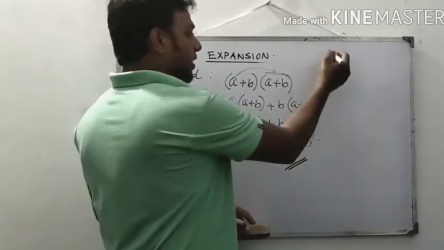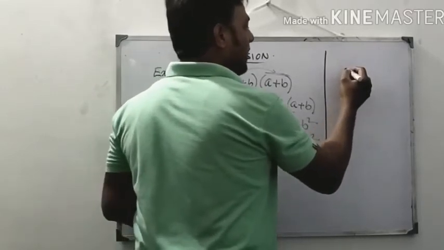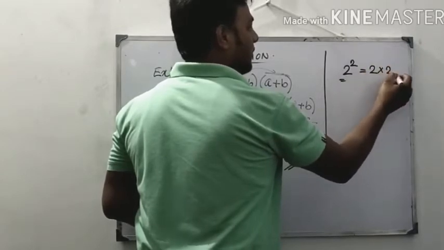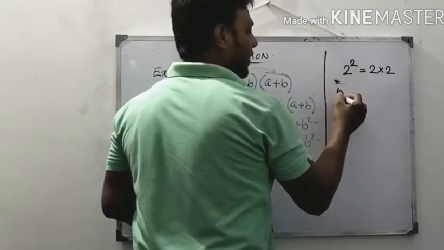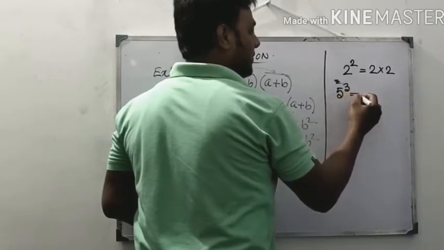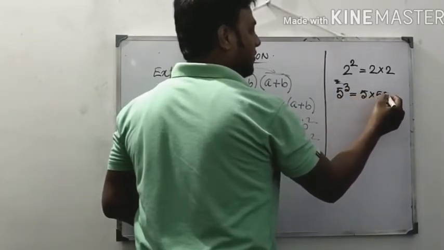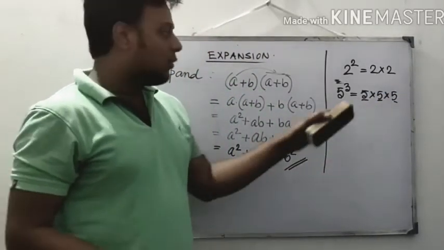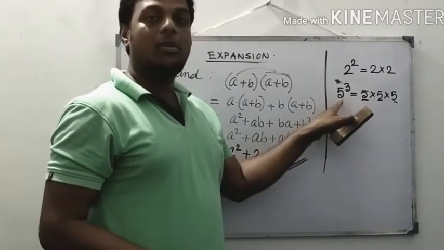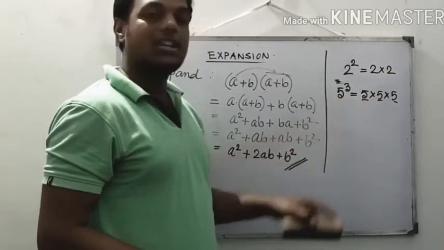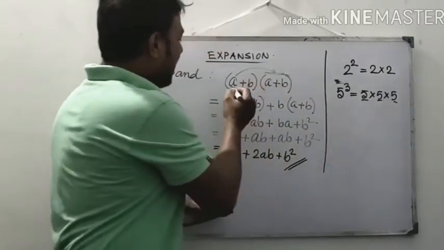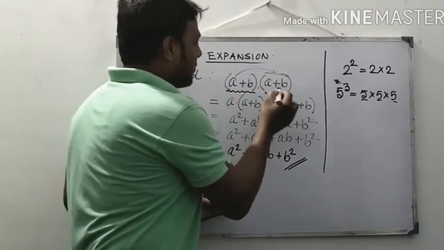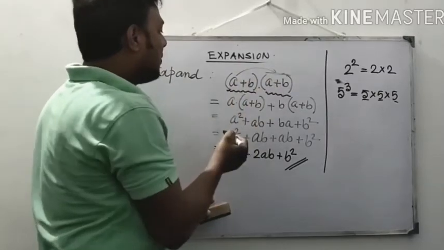Let me remind you of one thing again: what do you mean by 2 square? 2 square means 2 into 2. What was the meaning of 5 to the power 3? That was 5 cube, 5 into 5 into 5. If you multiply a number repeatedly, we can express that number in the form of an exponent. Here we have multiplied (a plus b) into (a plus b), so in its place we can write (a plus b) whole square.